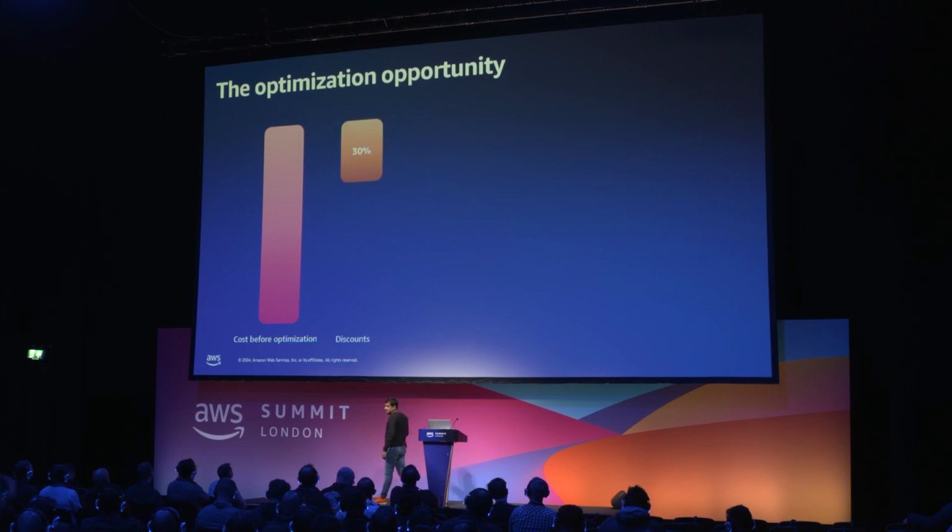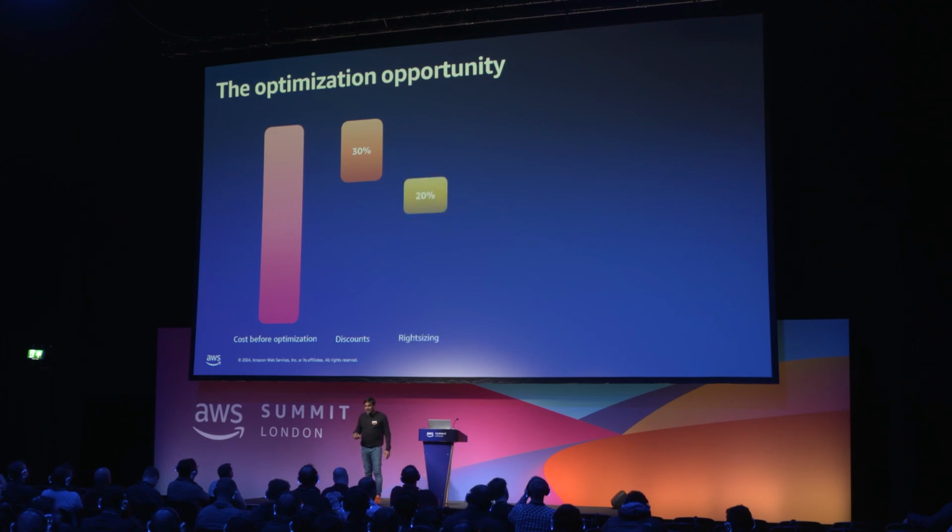So if you apply the discounts on this AWS bill, the savings plan and reserved instance, on average, you could get 30% discount on your existing on-demand instance and on-demand resources which you have already been using. Next, if you apply the right sizing recommendation here, where you could auto scale your resources, you could leverage the AWS Compute Optimizer to understand what is the actual instance type that is required for your workload.